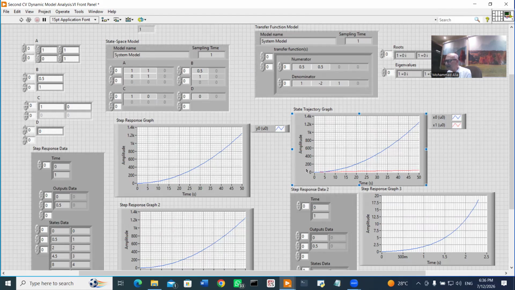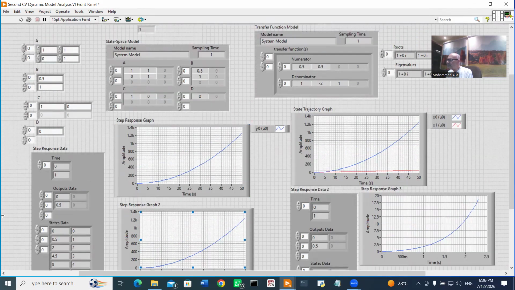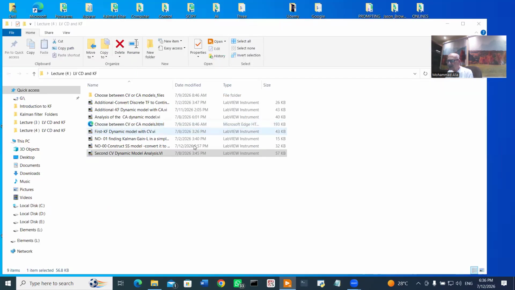This is the model which we usually use when working with a Kalman filter with a model of constant velocity. Let us go and see how the dynamics of the model look if we work with a constant acceleration dynamic model.